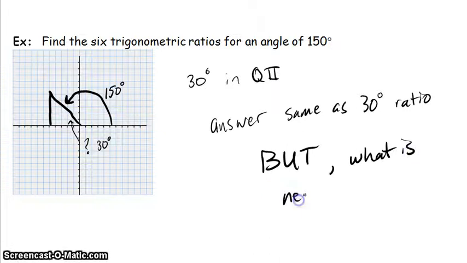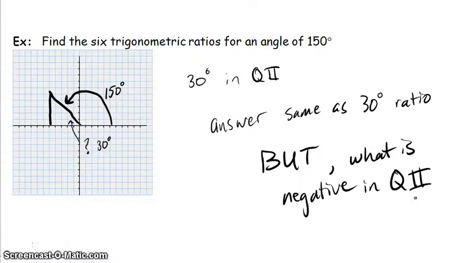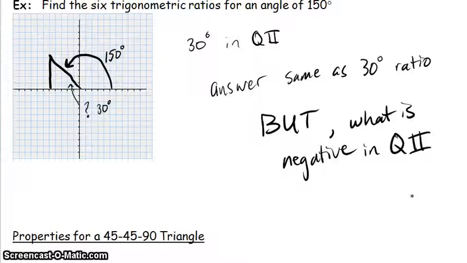What is negative in quadrant 2? And the answer is everything except sine and cosecant. So everything that we got from the 30-degree, but the ones except sine and cosecant have to be negative.